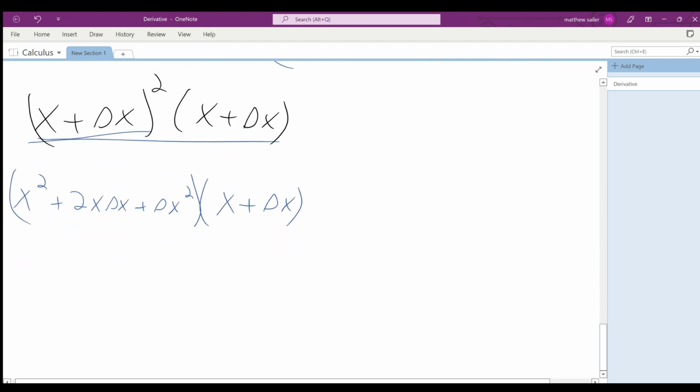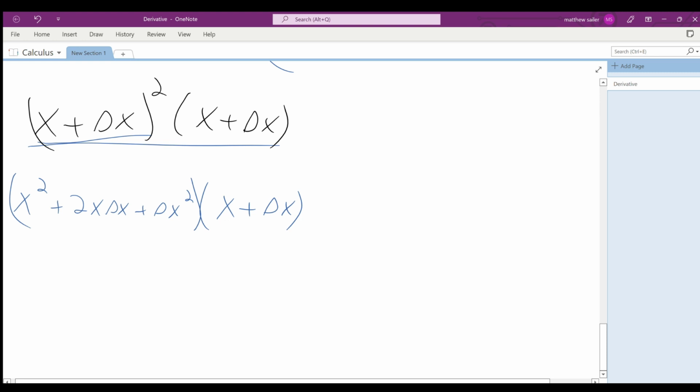Alright, we have to multiply this out now. I'm going to use the FOIL method. So x times x squared is x cubed. x times 2x delta x is 2x squared delta x. x times delta x squared is x delta x squared.